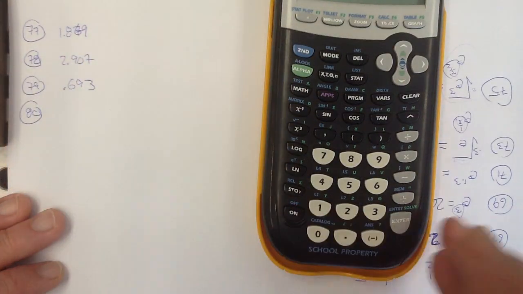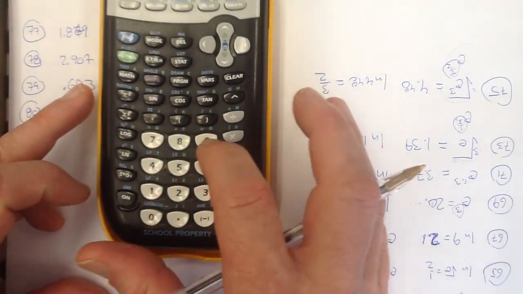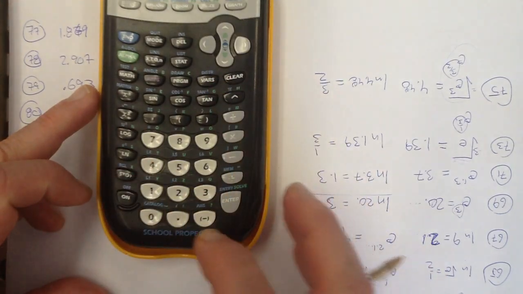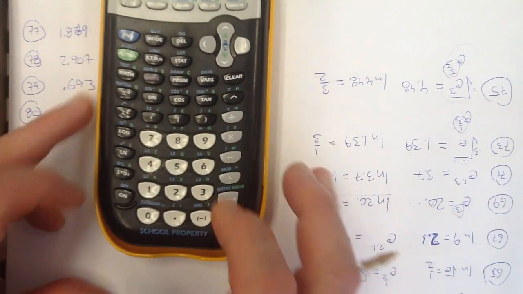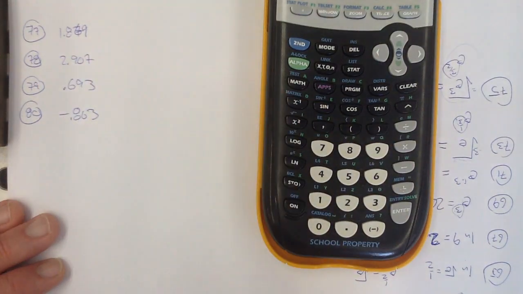And number 80, we have 3 times natural log of 0.75 as negative 0.863.